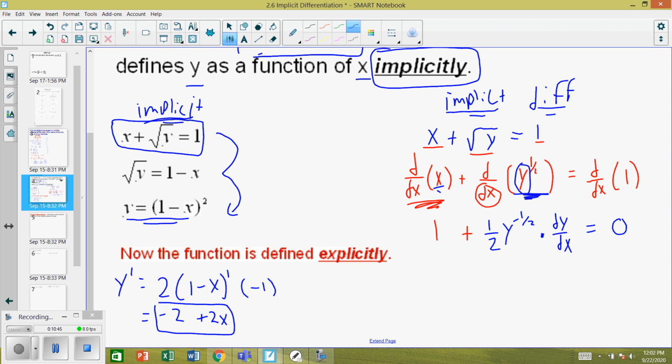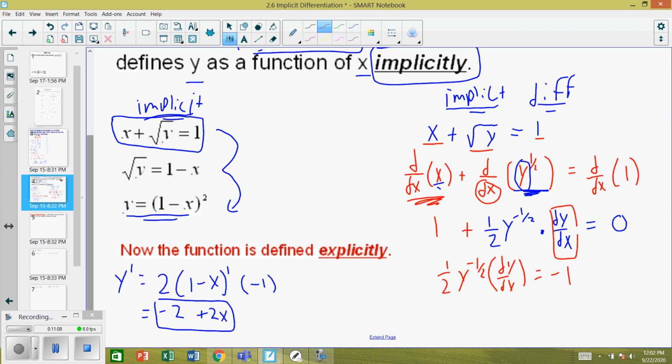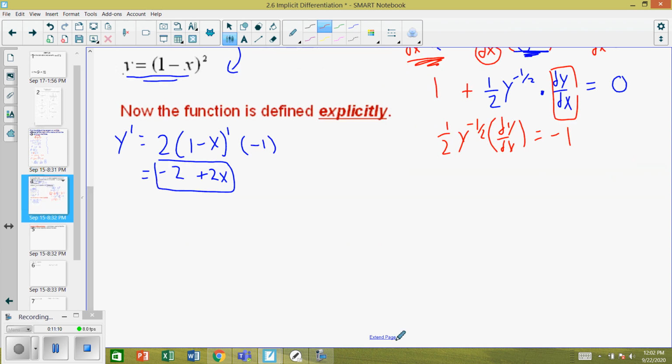But there's one extra step you've got to do, and that is getting dy over dx by itself, which is y prime. Okay. So all I'm going to do is subtract 1 to the other side. And then I'm going to divide by 1/2 y to the negative 1/2.